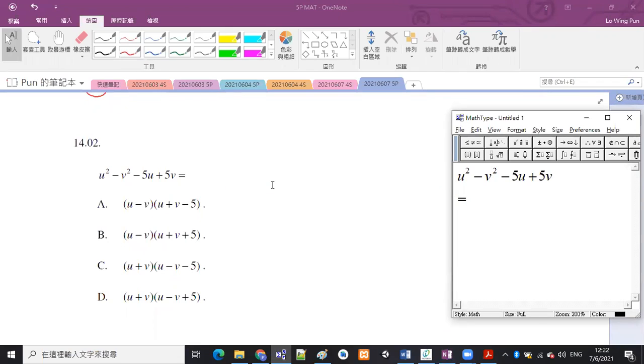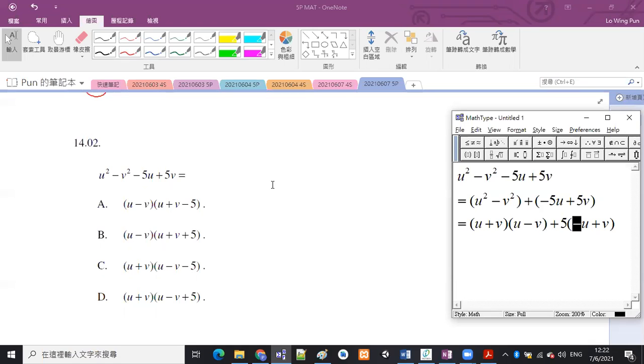Okay. 好嗱，呢度咧，如果佢有四個 term 裏邊有兩個係二次方，兩個一次方嘅，咁一定係咁樣分組噶啦。Can you get this? And then we have U squared minus V squared becomes U plus V, U minus V. And then take out the common factor. It's negative U plus V. And we have U minus V here.